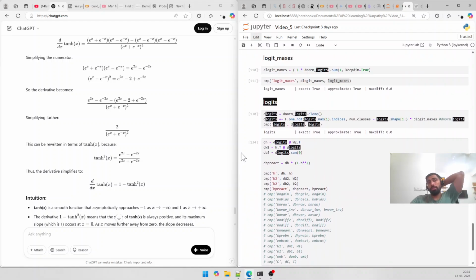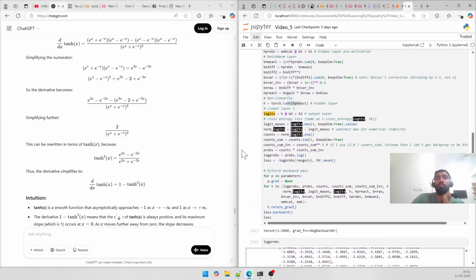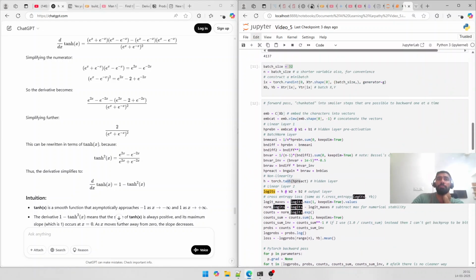Next is BN gain. BN gain is only one place we see BN gain impacts. So d loss with respect to HP react, and then d HP react by dBn gain.